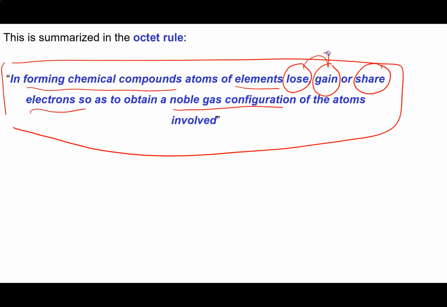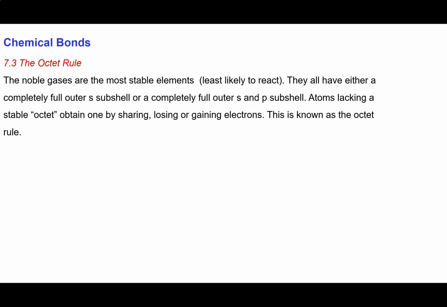So losing and gaining are the opposite of each other. Transferring electrons would be another way of saying that. And then sharing, that's forming your covalent or molecular bonds, isn't it? Transferring electrons, remember, is forming your ionic bonds. So atoms are either going to form ionic bonds or covalent bonds until they get a noble gas configuration, and then they become unreactive, and they will stop making new bonds.